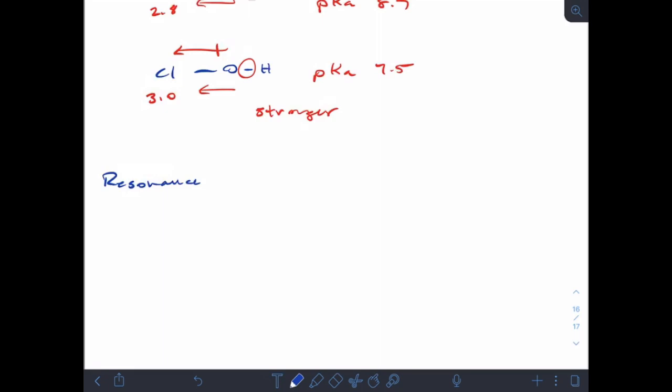So it's not shifting back and forth like a light switch turning on and off, but really those electrons are spaced out. Okay, so resonance stabilizes a conjugate base, which makes the acid stronger.